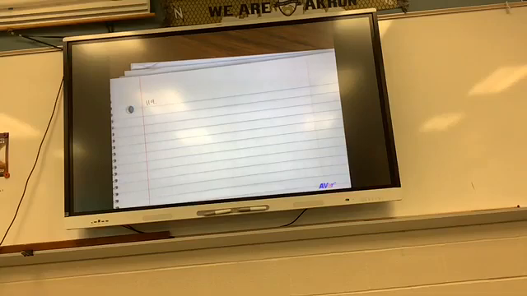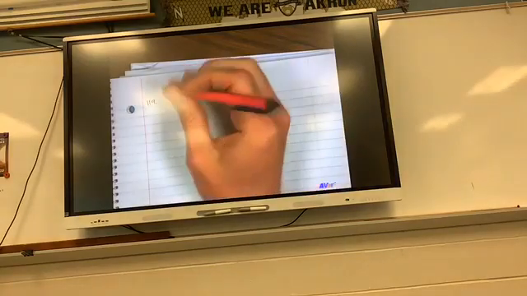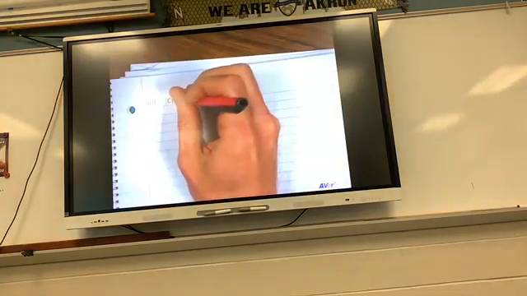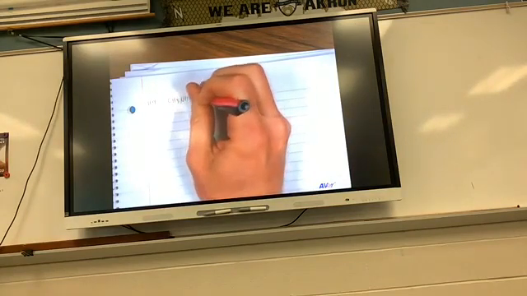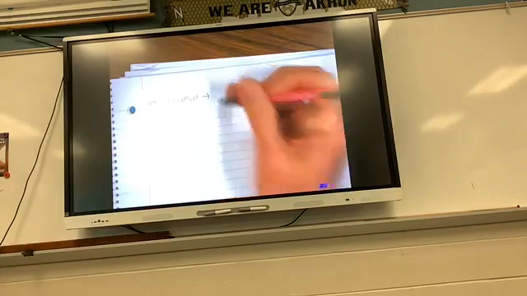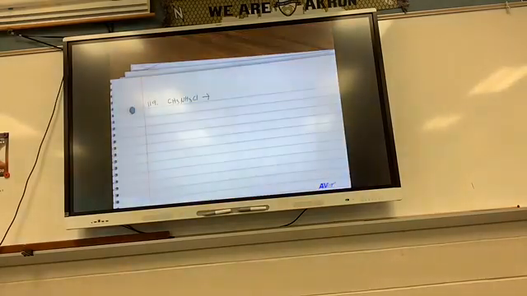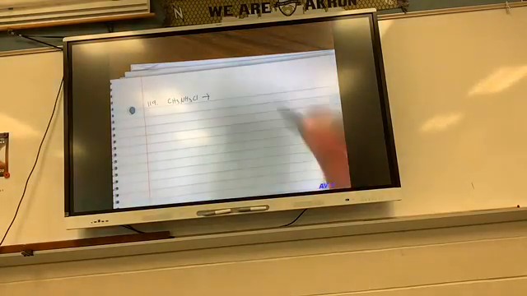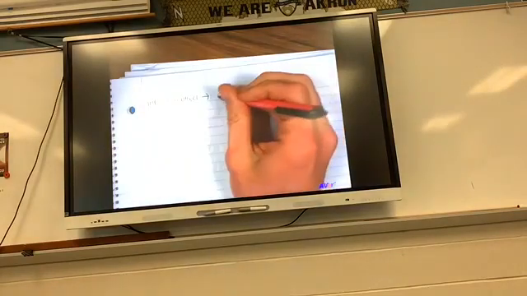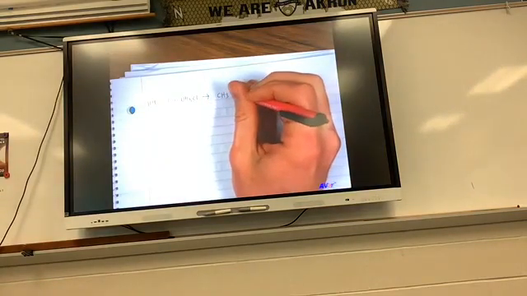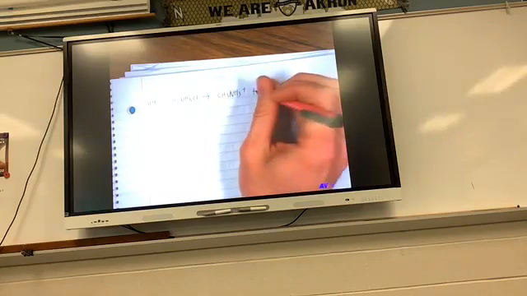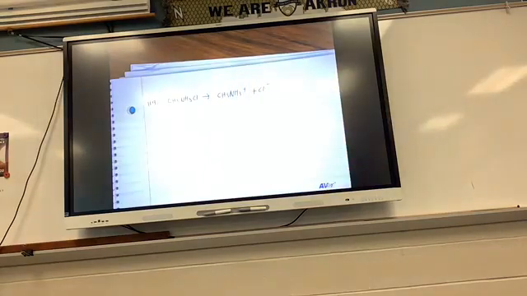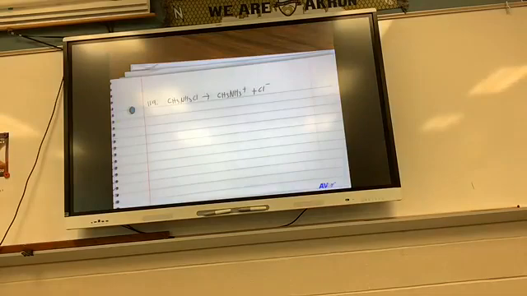Looks like a base, but no way, that's an acid. I would see what I can break that up into, right? So I can break that up into CH3NH3 plus and Cl minus.